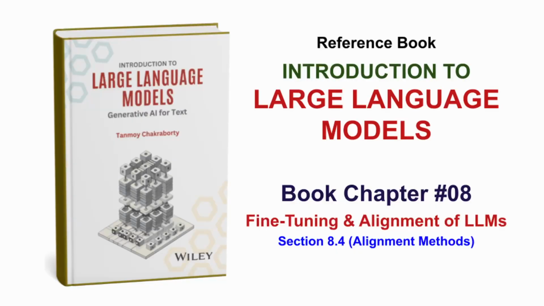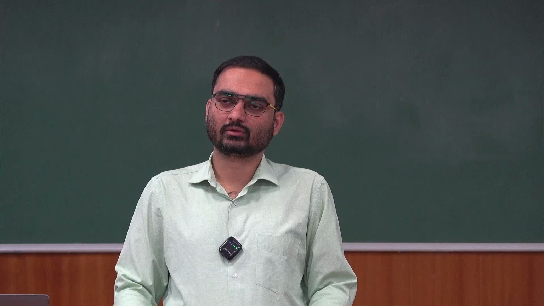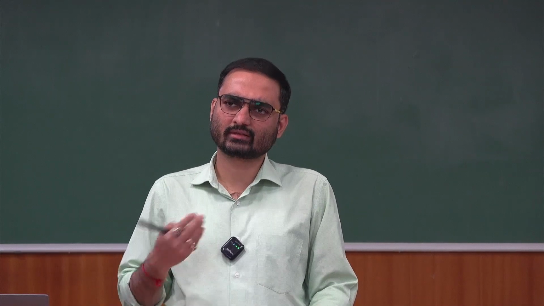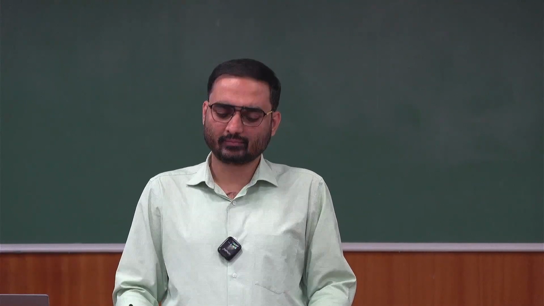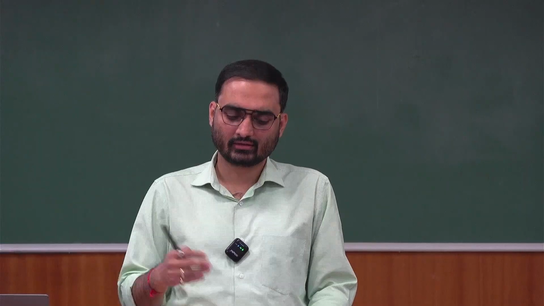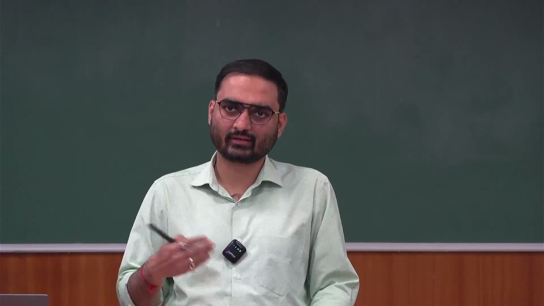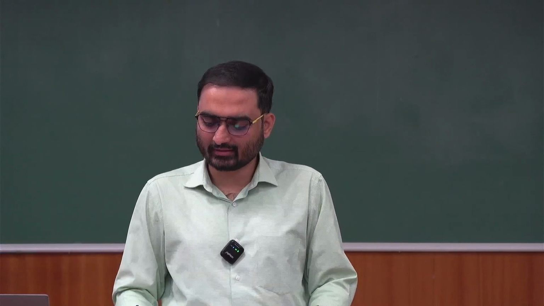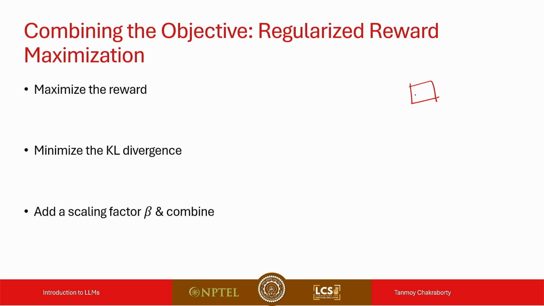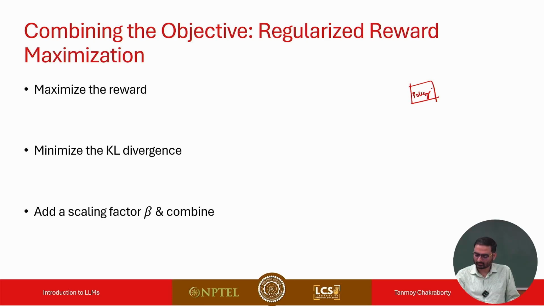So we were discussing alignment of large language models, and in the last class we discussed how human generated feedback can be injected into this model for further refining things, right? Specifically, we have a policy model, the LLM that you want to refine, that you want to fine tune.